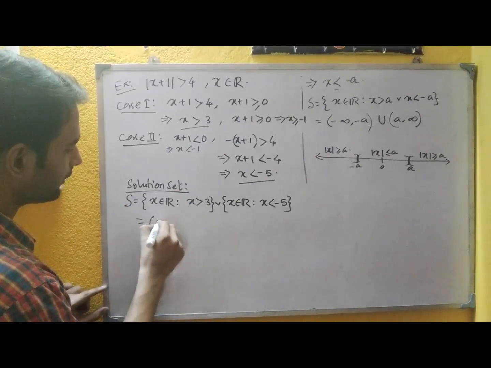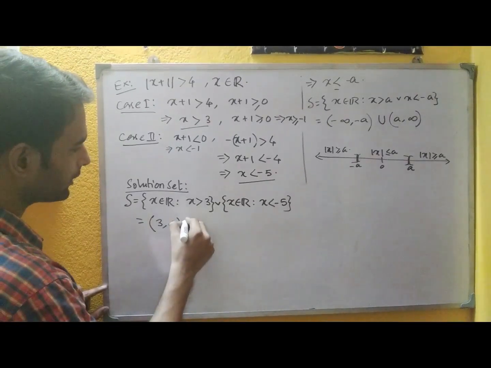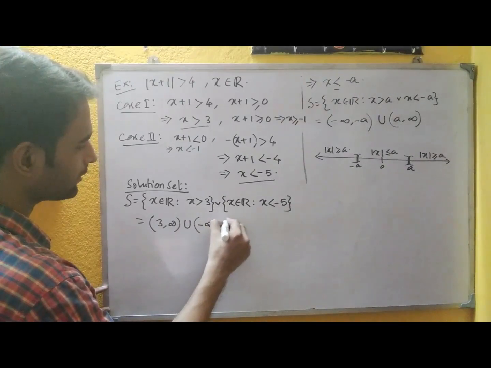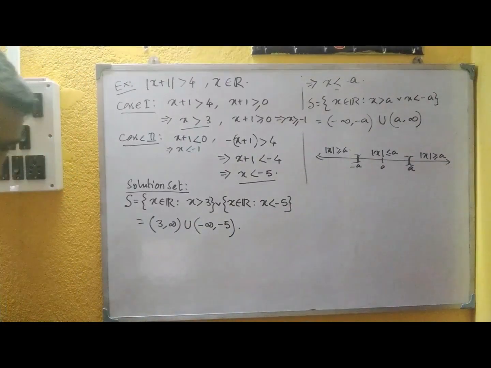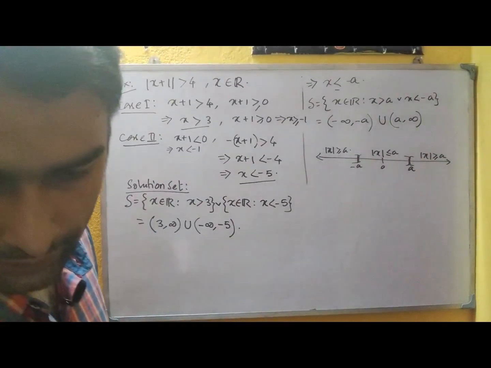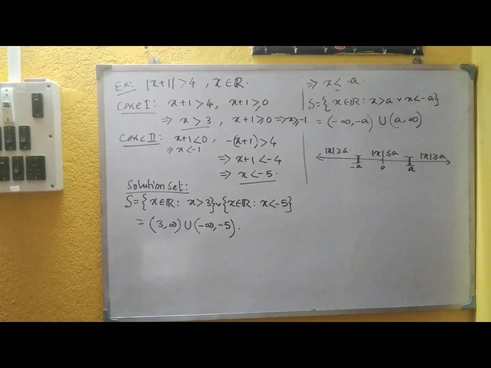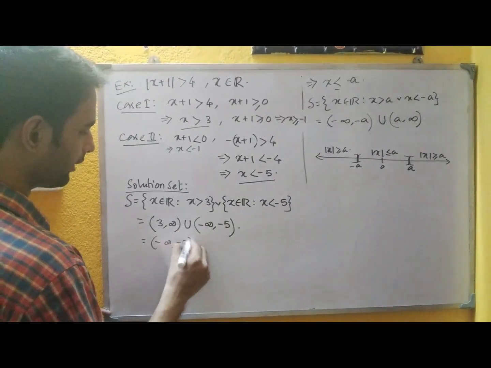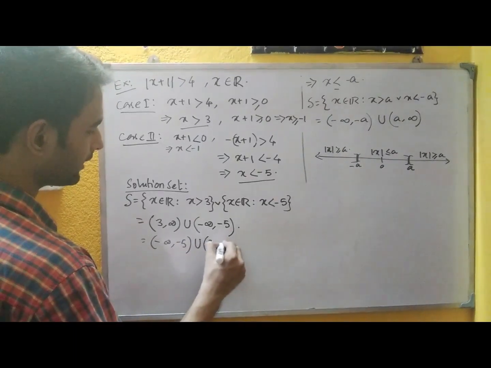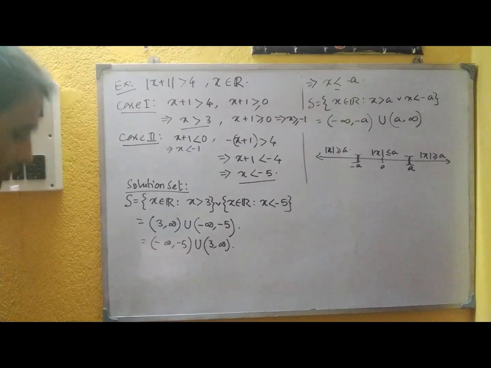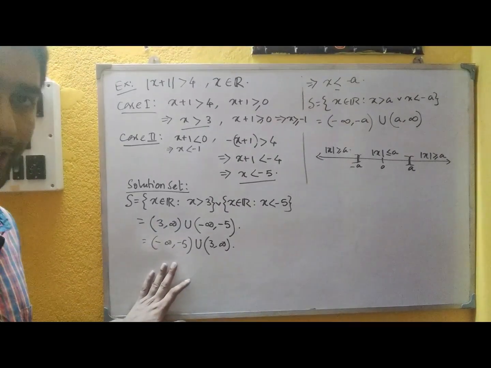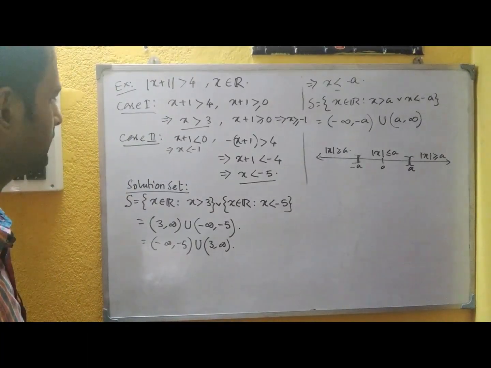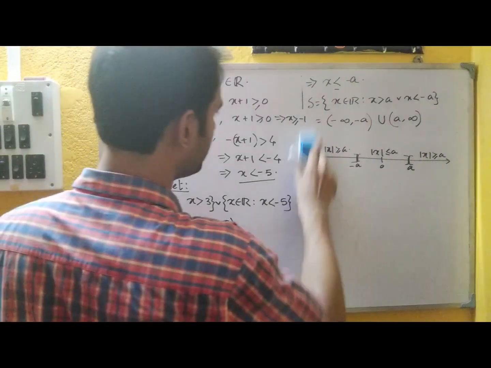So for this one, we can write (3, infinity), and for this one, since it is or, the union will come here, and for this case it should be (minus infinity, minus 5). So this is the way we get the solution. Usually the left hand side should be taken as (minus infinity, minus 5), and the right hand side should be taken as this. There is no problem in this solution also, but it is customary to write it like this. Okay, so this is the solution set. Let's go to the next problem.